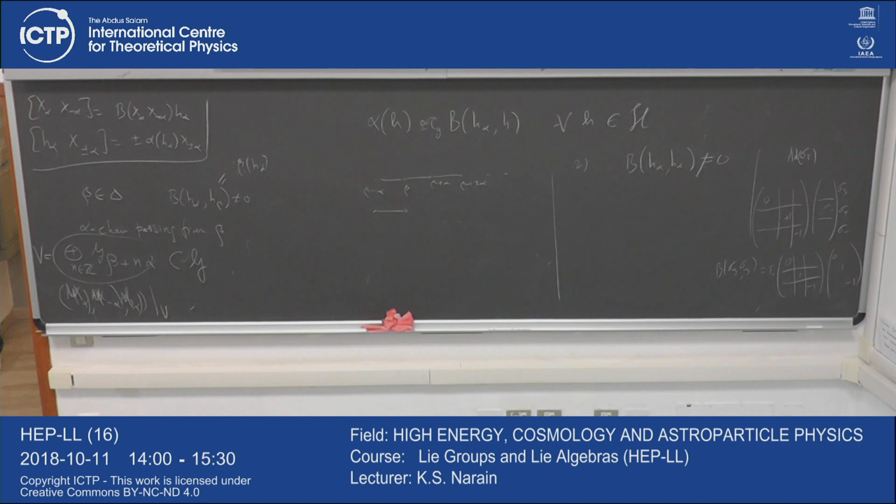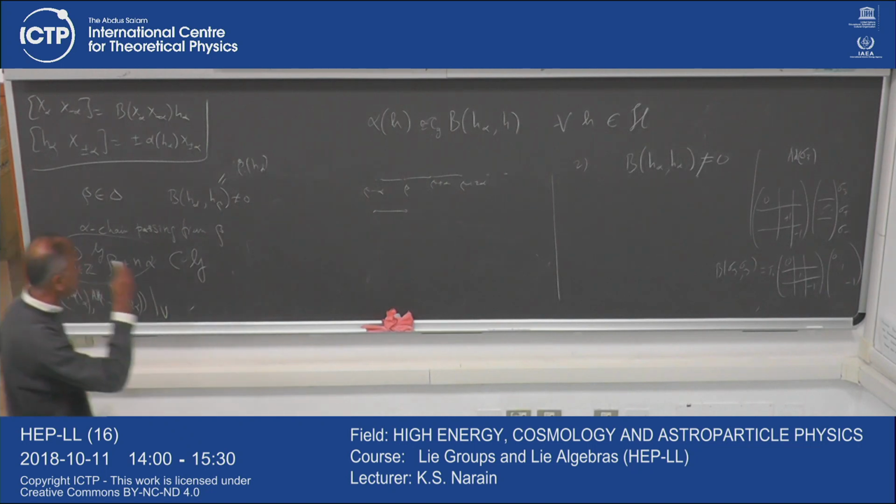They can act on the chain. So this whole chain should be a representation. Yes, that's the point, exactly. We are not saying that it should be an irreducible representation. It could be a reducible representation. But whatever it is, it is a finite dimensional representation, because the algebra is finite.